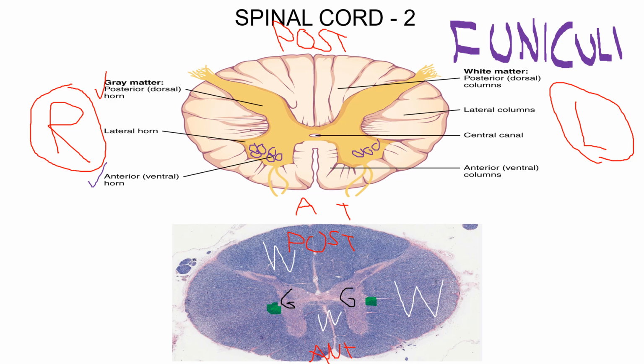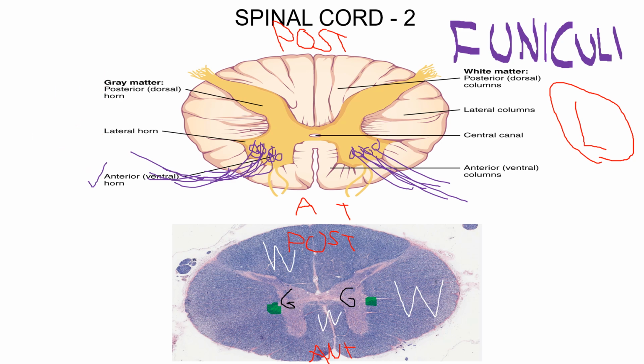And the axons go out to the white matter, and then they eventually leave the spinal cord. So I'll draw them over here too. Now, the direction of this message is leaving the spinal cord. It's a motor message. So I'm going to draw a big arrow pointing away from the spinal cord.